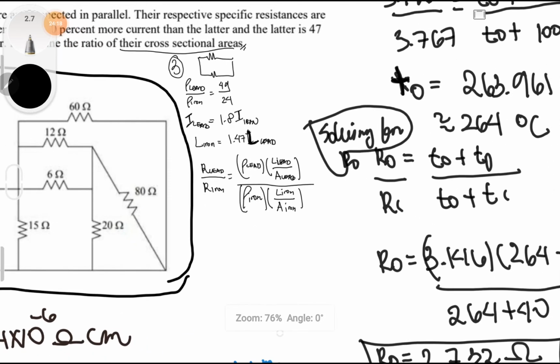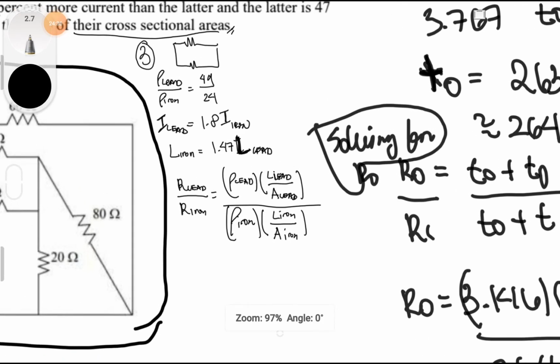So from this, pwede nating sabihin that yung mga equalities niya, yung mga values ng equalities niya. So from this, we have rho lead over rho iron and L lead over L iron.